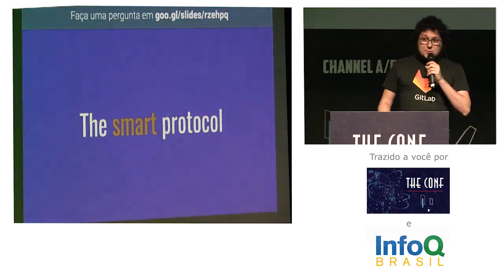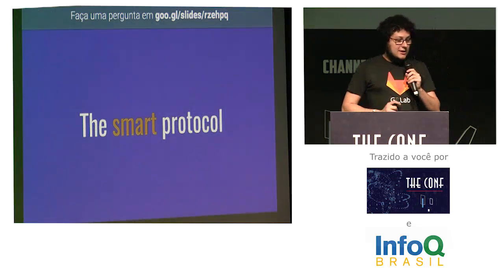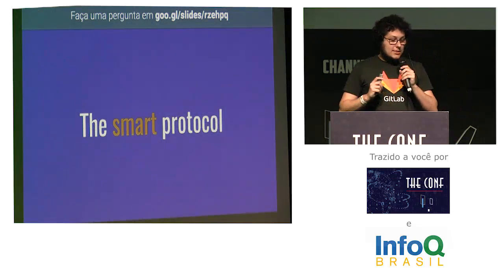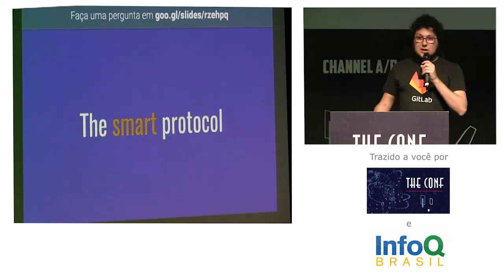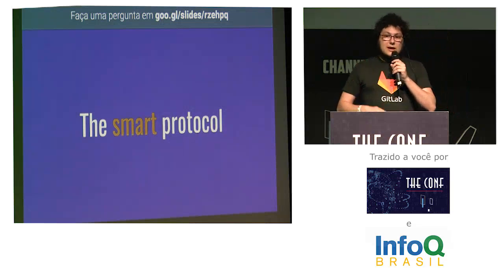The other one is the smart protocol. So here is where things start to get interesting. The same Git that you have in your machine also has an implementation of the smart protocol, but it's based on FastCGI, which most of you probably don't know how to use, but it's available in any web server.